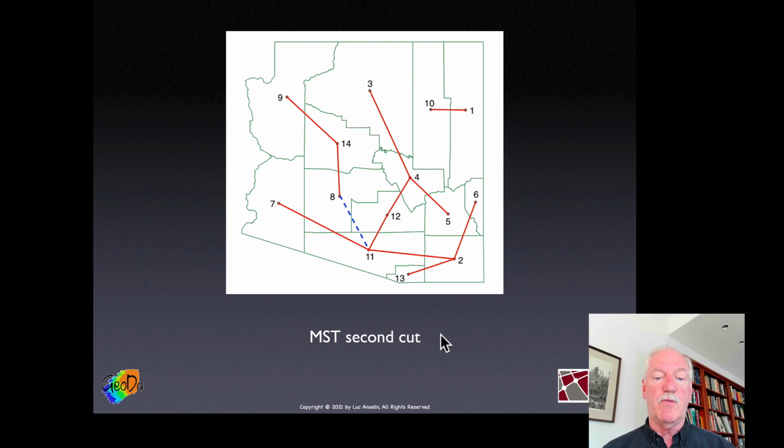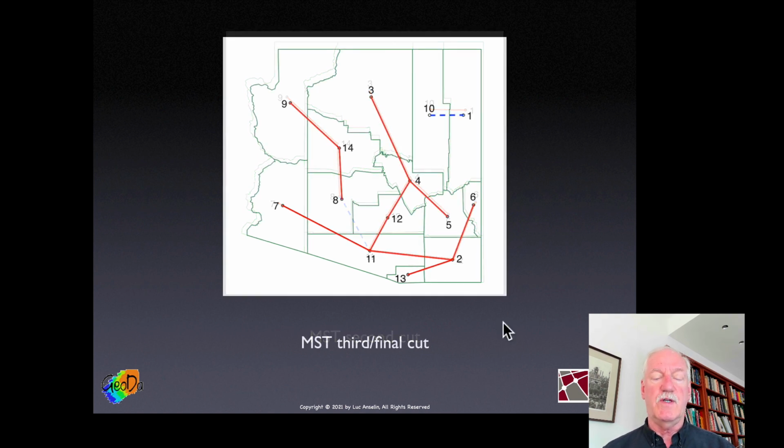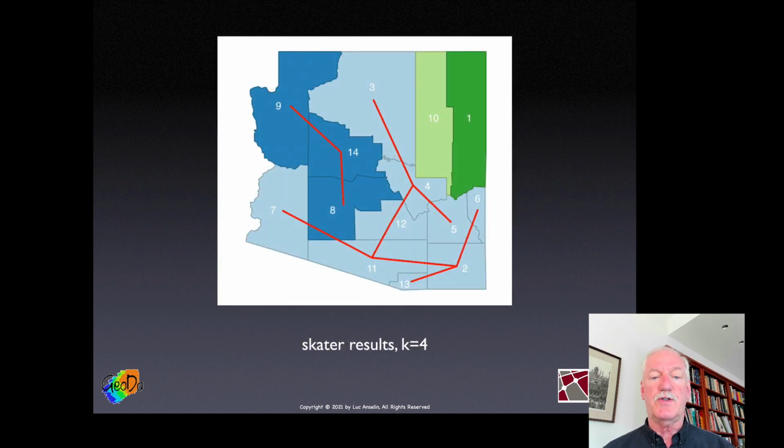So that's in fact what we get. So the first cut was here, the second cut is here, the third cut will be here, and this gives us, as a result, the 4 clusters. It's a very similar result to hierarchical clustering, but slightly different. There's a few differences.